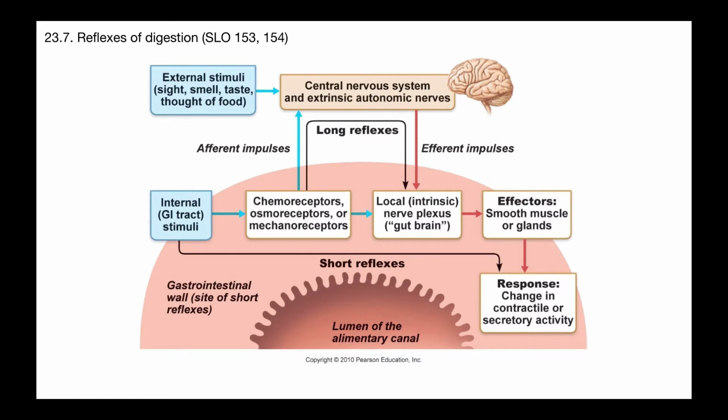So basically, when you start thinking about food, you smell food, people start talking about food, these external stimuli will turn on particular parts of your brain, particularly the hypothalamus, and go, yeah, I could eat. So these long reflexes are things that try to prepare the digestive system for wherever the food is going to be next.